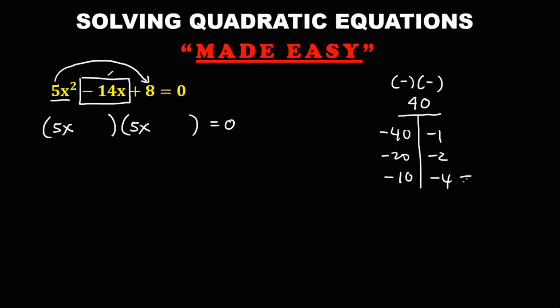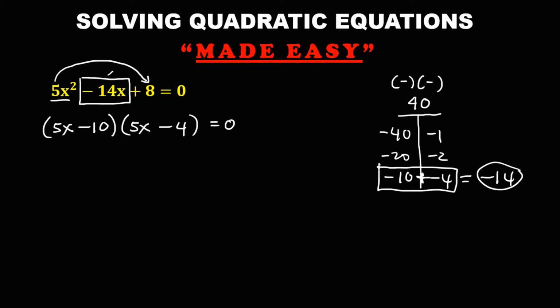Observe that negative 10 plus negative 4 is negative 14, and that's the middle term. So the factors are negative 10 and negative 4.